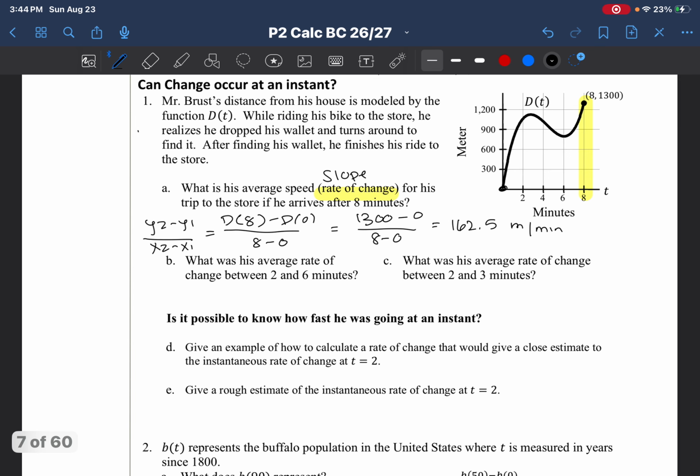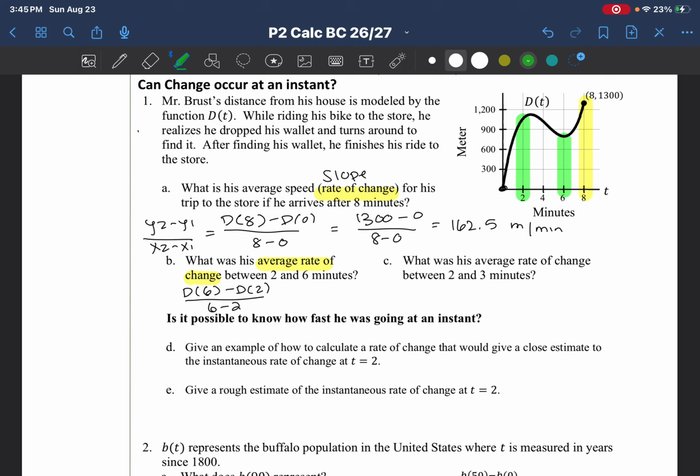So part B says, what was his average rate of change between 2 and 6 minutes? Okay, so average rate of change, again, is talking about the slope. So we're going to do the same process again. So we have d of 6 minus d of 2 over 6 minus 2. Okay, and since we're not given these exact values here, we're going to have to estimate just like we did before. So d of 2 is here, and then d of 6 is here.